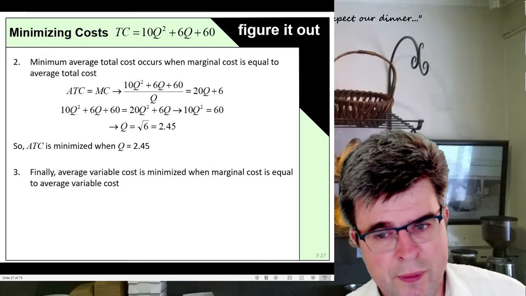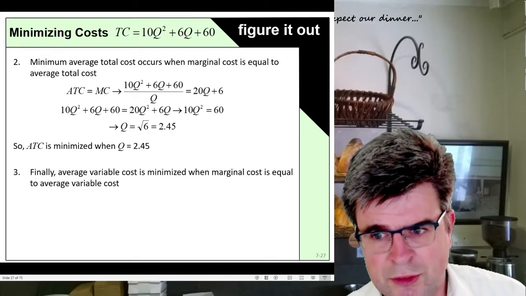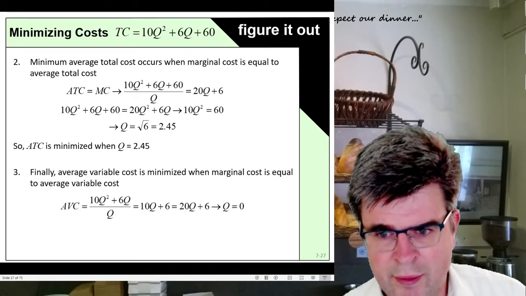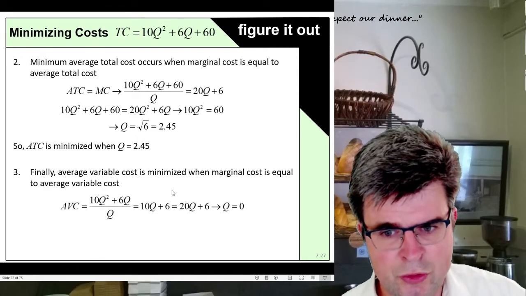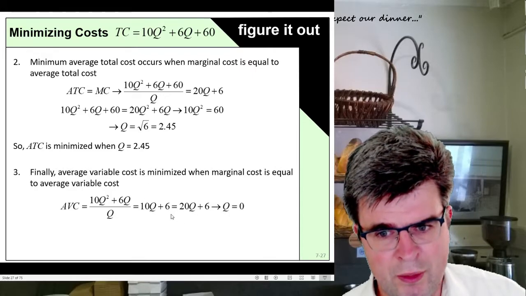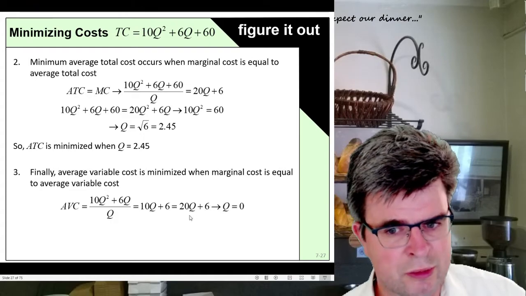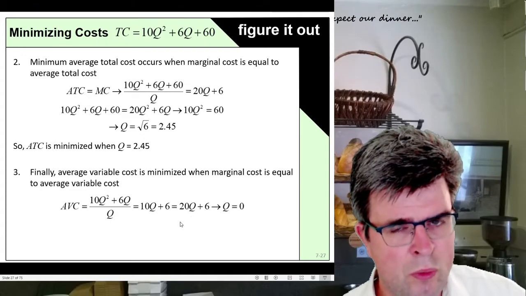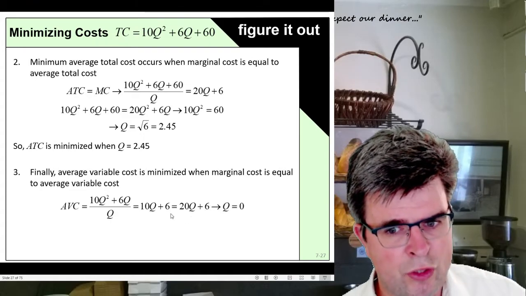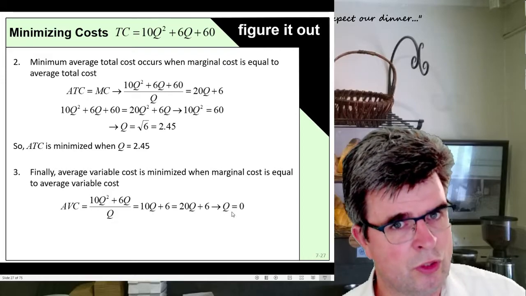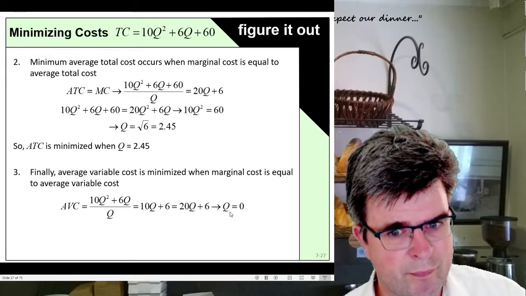Likewise, the average variable cost is minimized where the marginal cost is equal to the average variable cost. So again, equating the average variable cost to the marginal cost. This is the average variable cost, this is the marginal cost. And we see that the only value of Q for which 10Q plus 6 equals 20Q plus 6 is the value Q is 0.